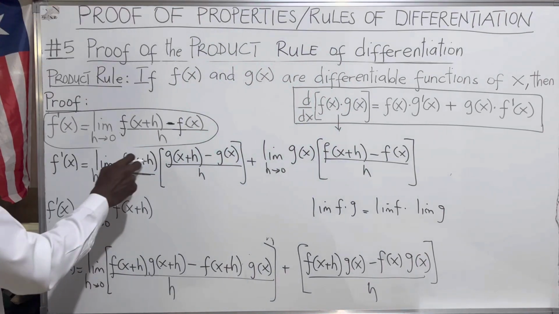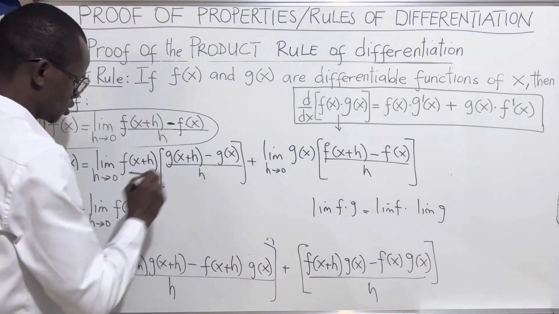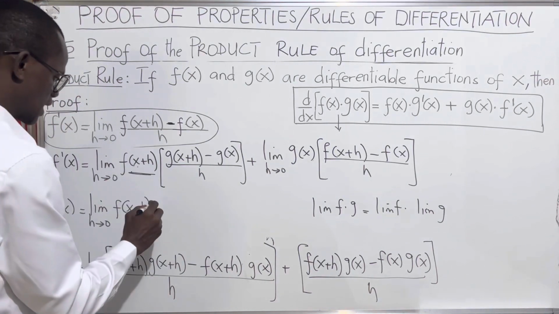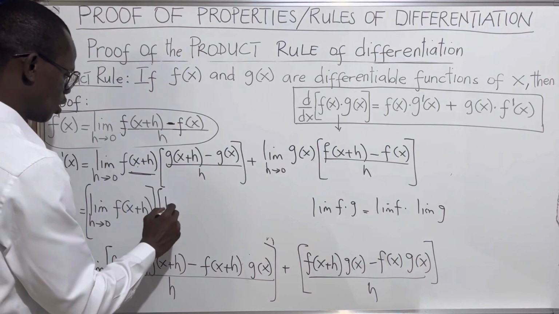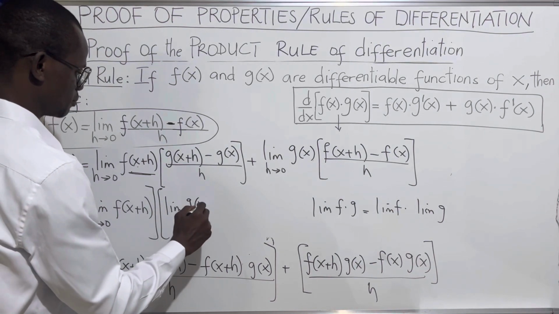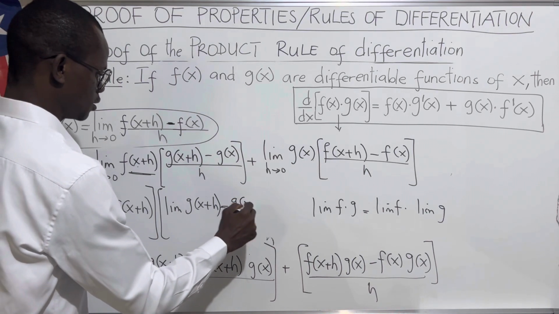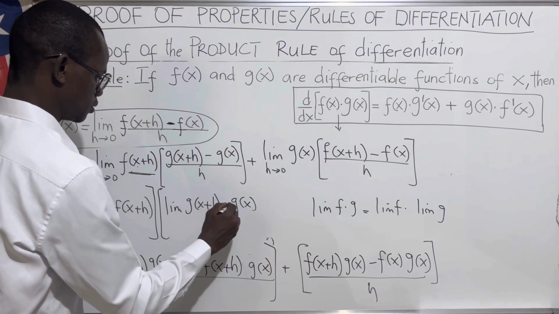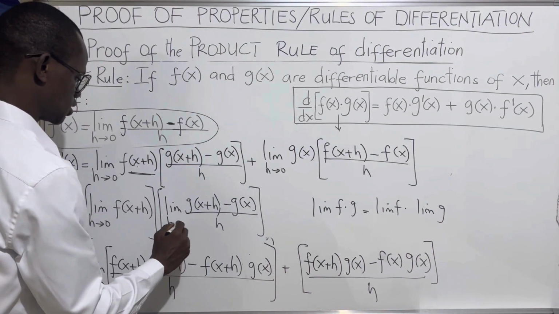So that's the property we are also applying here. The limit of this function times this function is equal to the limit of this function times the limit of the second function, g of x plus h minus g of x all over h as h approaches 0.